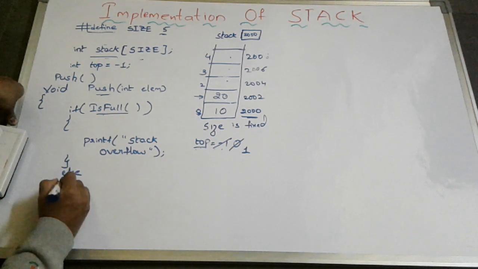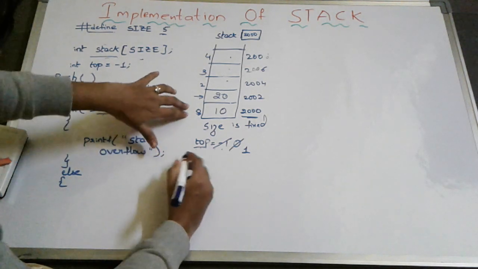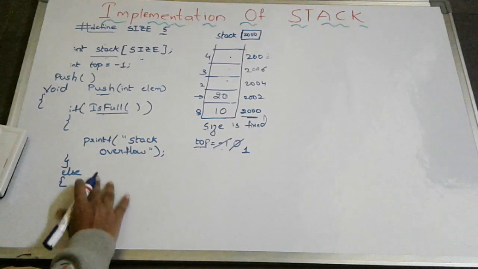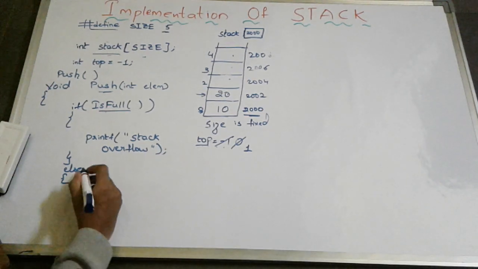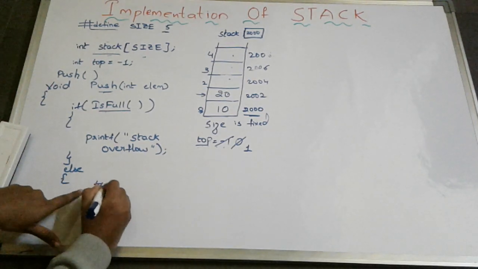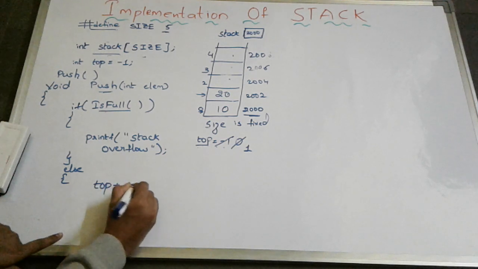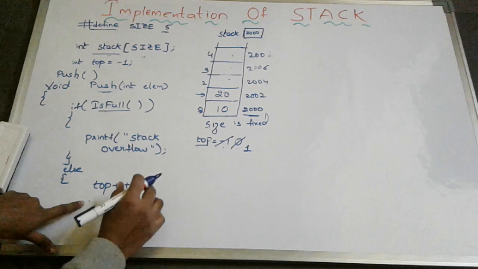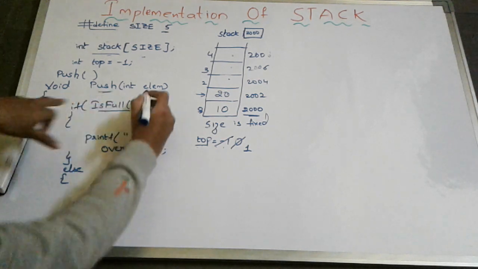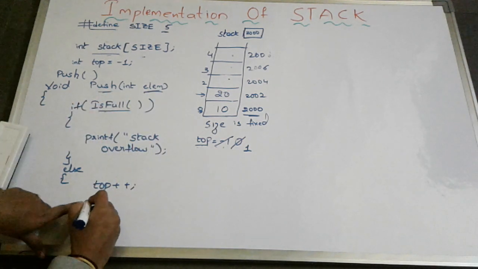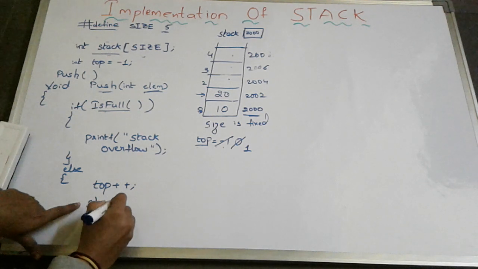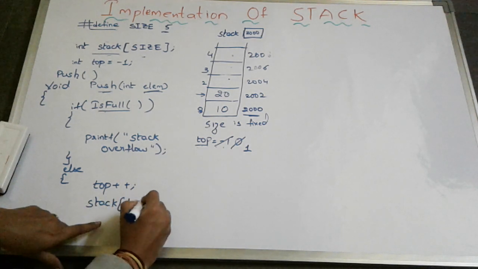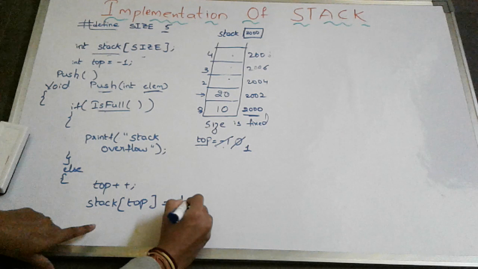Else, we should increment the top and then insert the element into the stack. To increment the top, we use top plus plus, and then we insert the given element into the stack. So stack of top equals element.